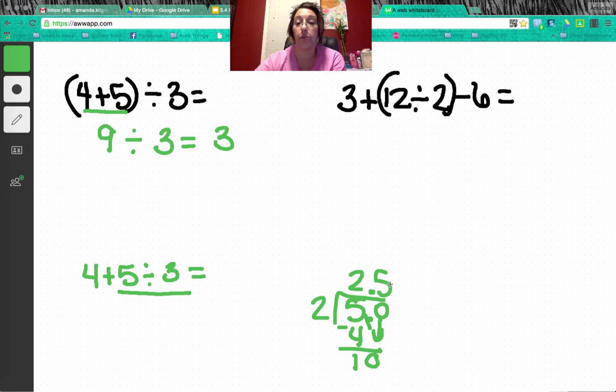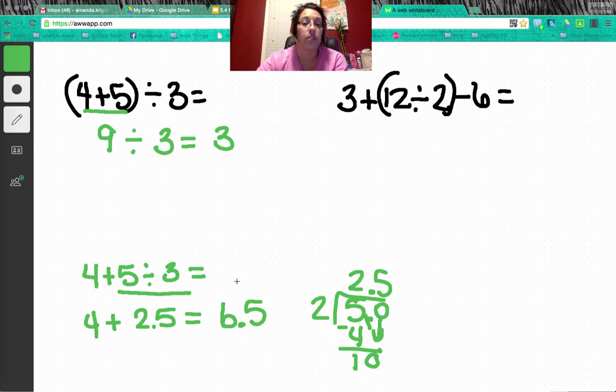Right now, you would put a remainder of 1. These algebraic expressions are hard to work with a remainder. So this would be 2 5/10. Copy down the rest. And this would be 6 5/10.